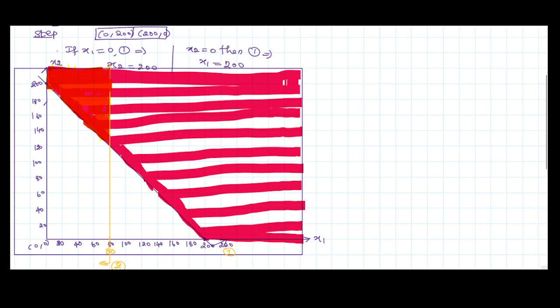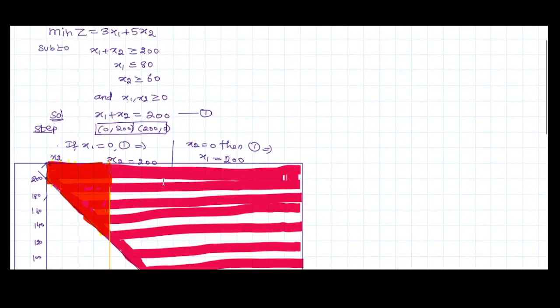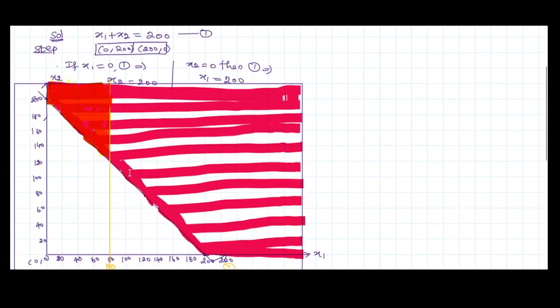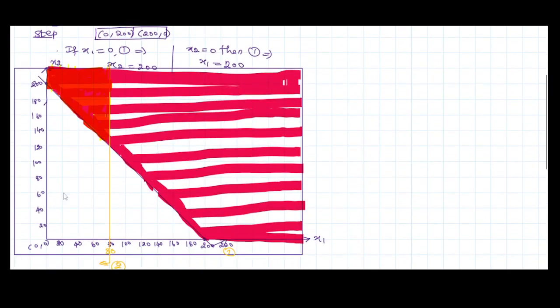Next, line number 3, x2 greater than or equal to 60. Just draw the line passing through x2 equal to 60 and parallel to x1.